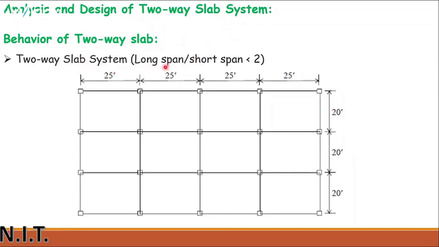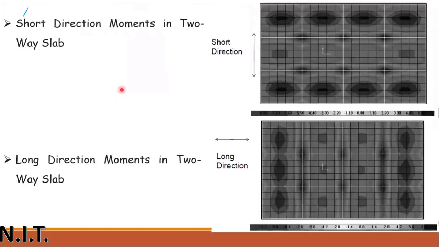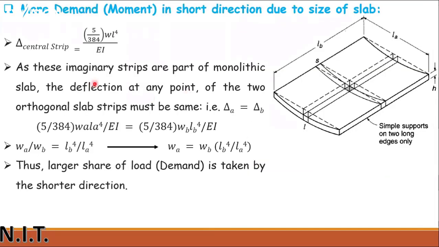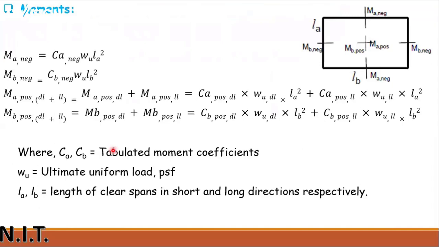The only thing that tells you whether a slab is one way or two way is the long span divided by the short span: if it is greater than or equal to 2, it is a one-way slab; if it is less than 2, it is a two-way slab. Clear? The direction of moments and the formulas were studied in the previous class.